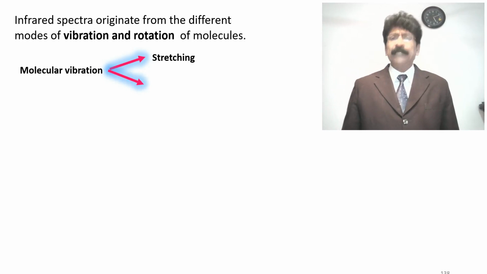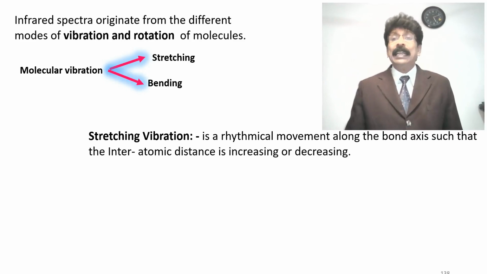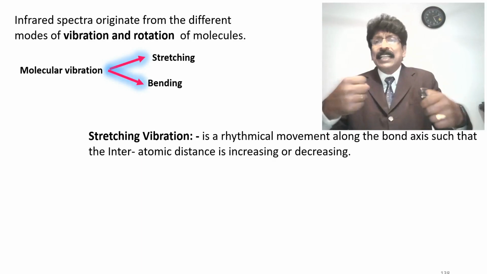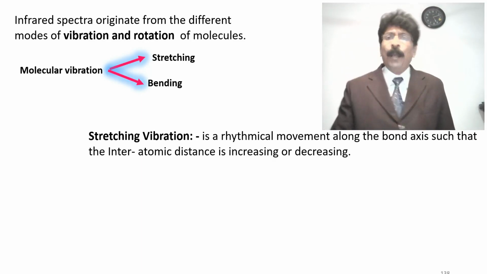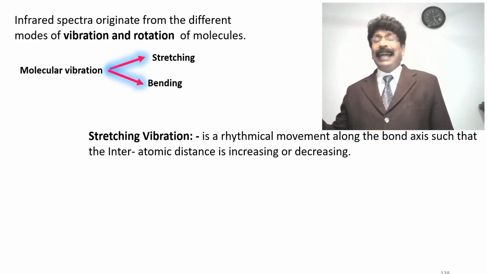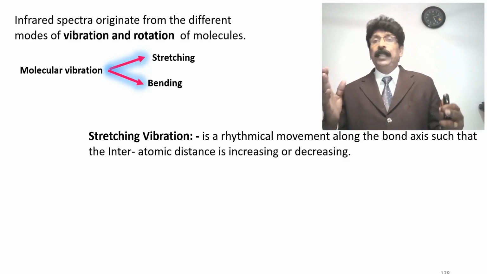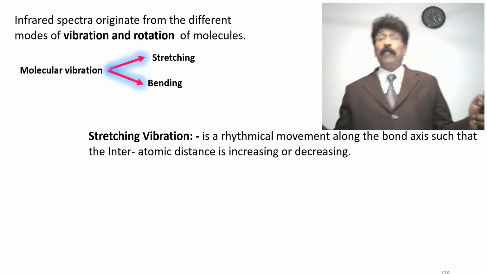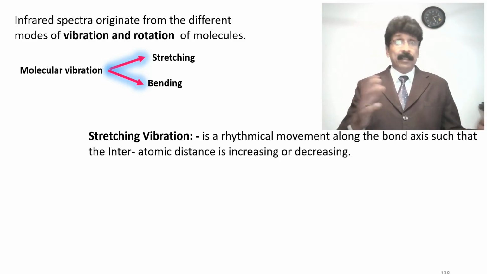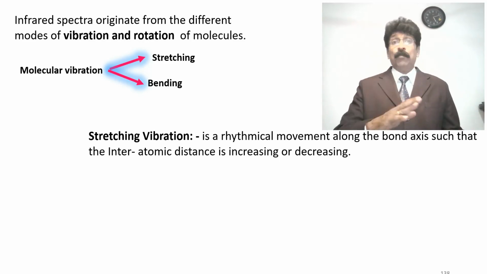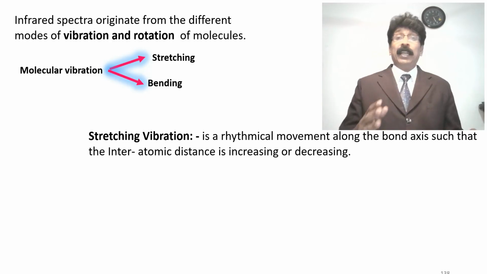Stretching and bending. What is stretching and bending? Stretching vibration, stretching of the bond, is a rhythmical movement along the bond axis. Bond angles will be there. You might have seen methane, ethane, propane, or nitrogen compounds like primary amine, secondary amine, tertiary amine, quaternary ammonium compound.